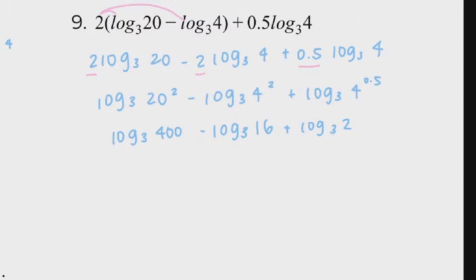So now we can combine this and condense it. So we have log base 3 of 400 minus log base 3 of 16, so that means we would be dividing. And then we have a plus log base 3 of 2, so that means times 2. And then we would just want to simplify the numbers inside the parentheses. That'll be log base 3 of 50.